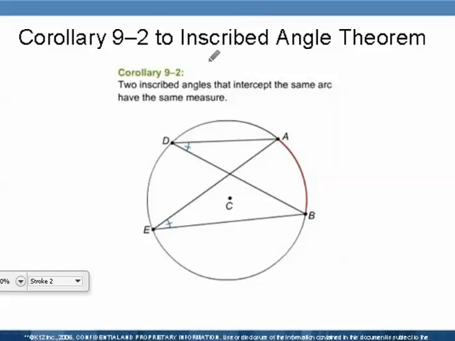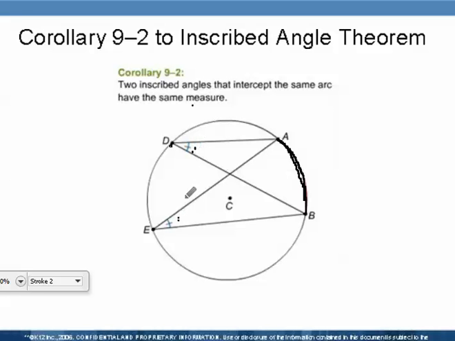Okay? So looking at this one, if I have two inscribed angles that intercept the same arc, notice that this arc, AB, is being inscribed by two different angles. This angle over here and this angle over here. Since this is the same arc, I take half of this arc, and that's what this angle is going to be, and that's also what this angle is going to be.